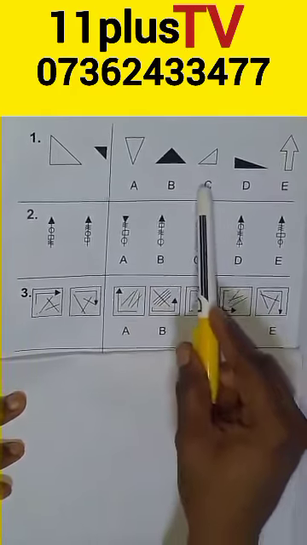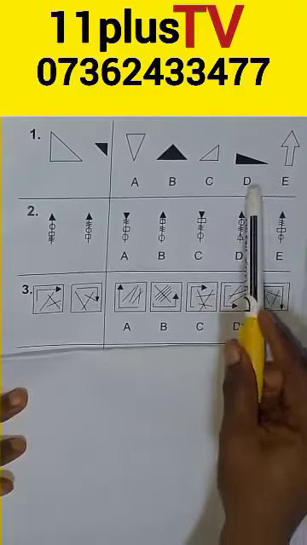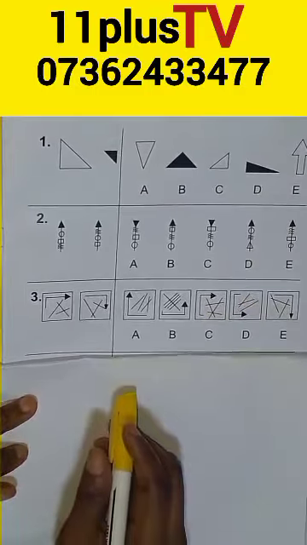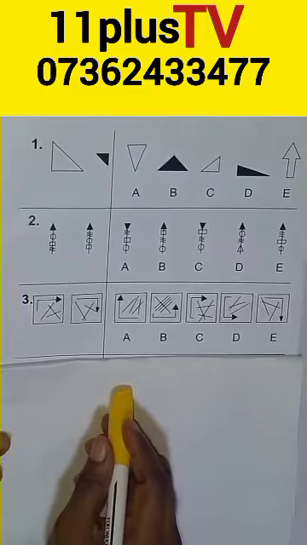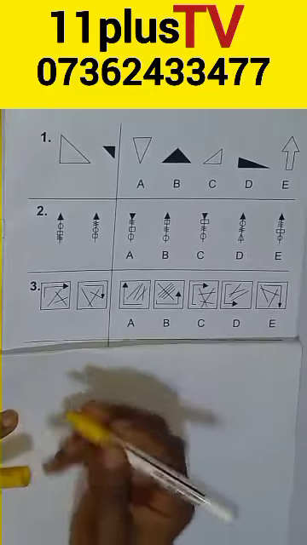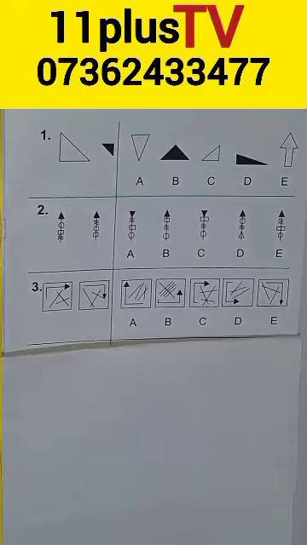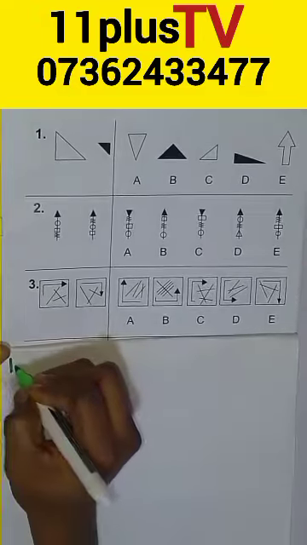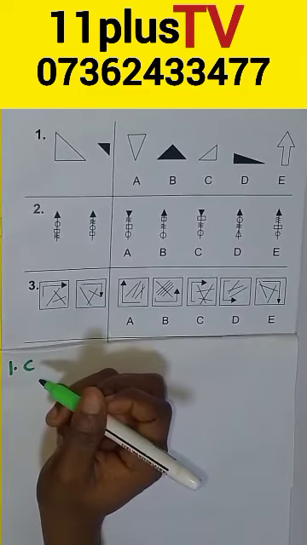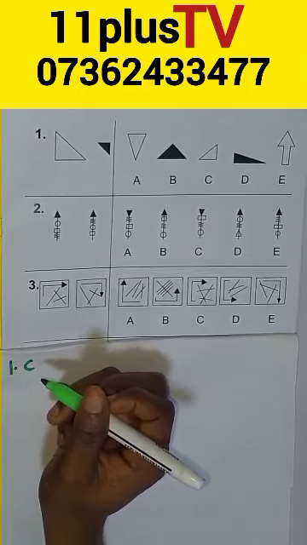So we're left with C and D. You eliminate D because D is a scalene triangle. We are left with C. The answer is C, right angle triangle. So number 1, the answer is C. You can see how we use the elimination method to get our answer quicker and accurately.